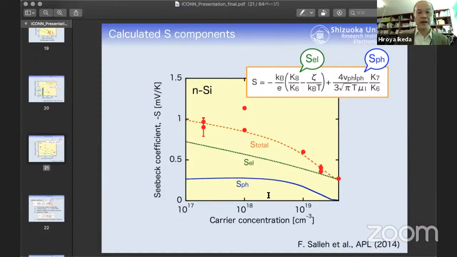Below the carrier concentration of about 10 to the 18th, it is nearly constant, but with increasing carrier concentration, the phonon drag component gradually decreases like this.